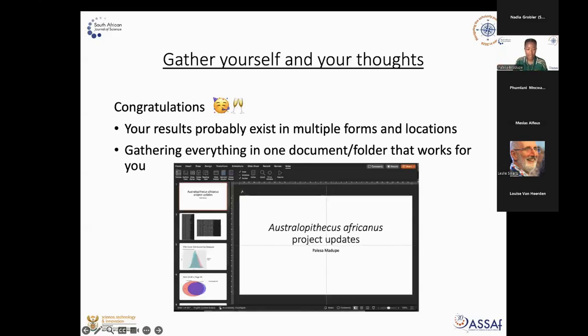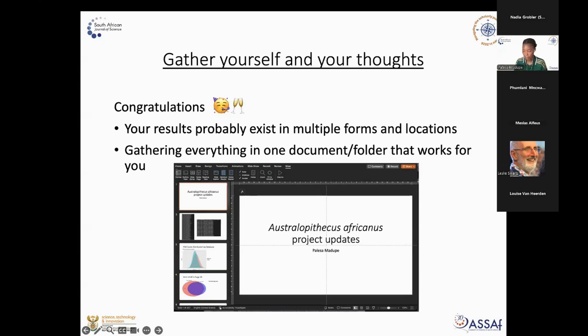And I'll give you an example. With the paper that won the award last year, one of my processes is that every time I start a project, I'll create a folder, but I will also prepare a PowerPoint presentation, and I keep everything in that one document.